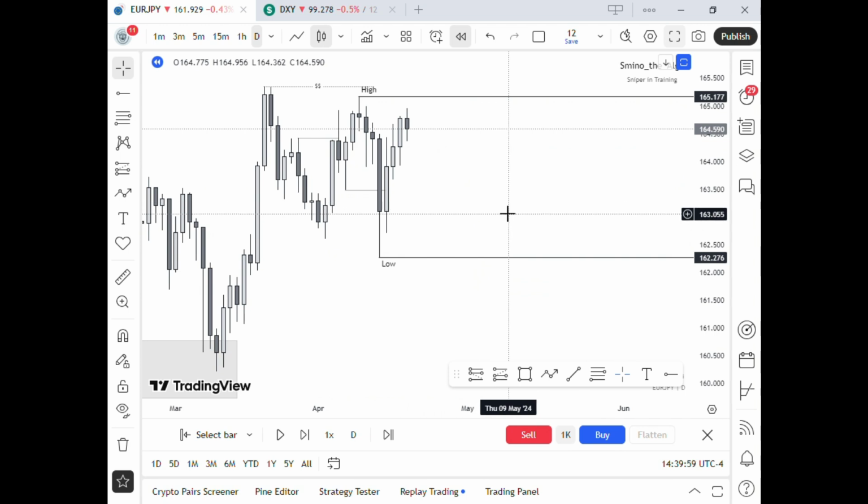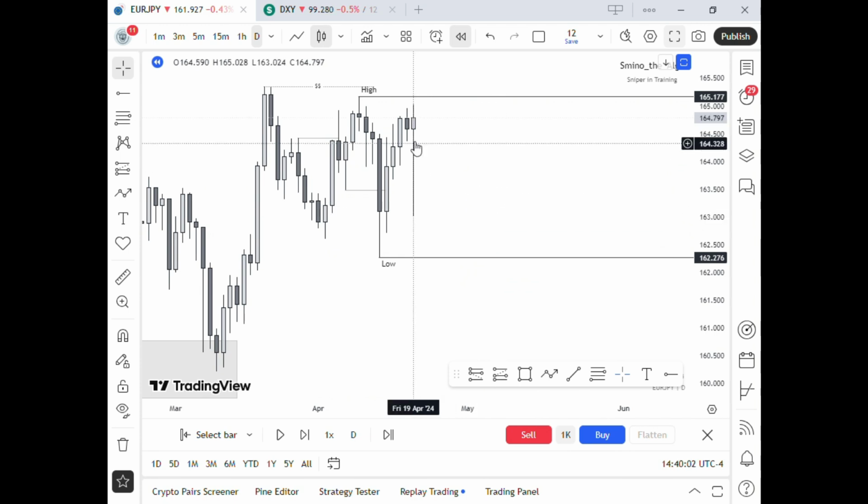So maybe a loss on these days. Probably something small there. Maybe this down move will be used, or probably this down move might have something. So it's either a loss or no setup. We are still bearish since it has not taken out this high yet.